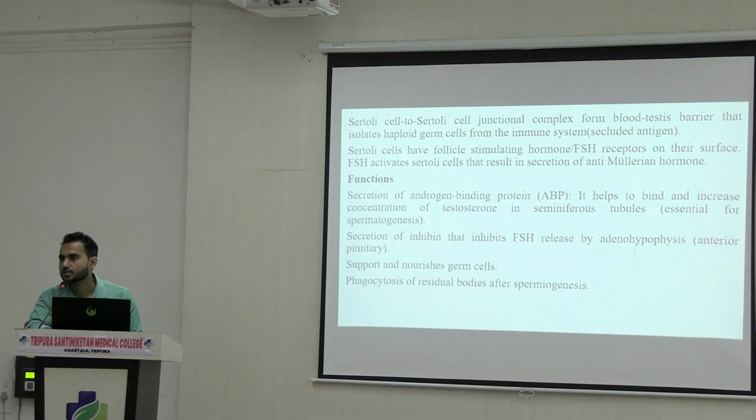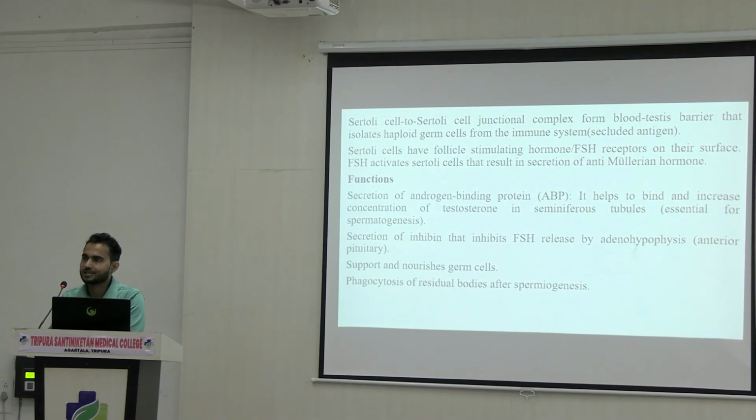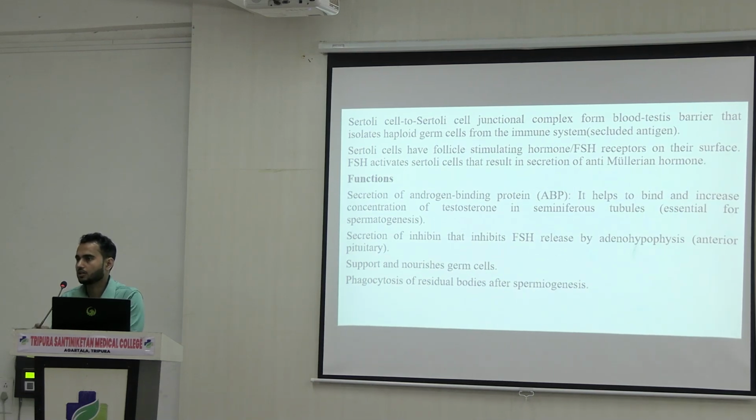What is the meaning of this? That means the spermatogenic cells which are developing inside the seminiferous tubule, where the various stages of development are taking place, are not exposed to the bloodstream. It is present inside the body, but it is hidden from the bloodstream.